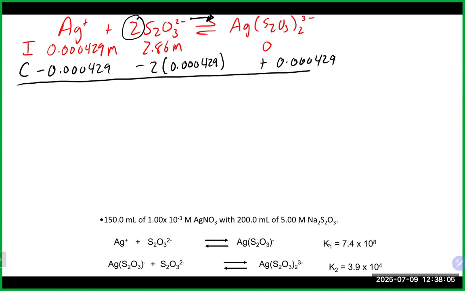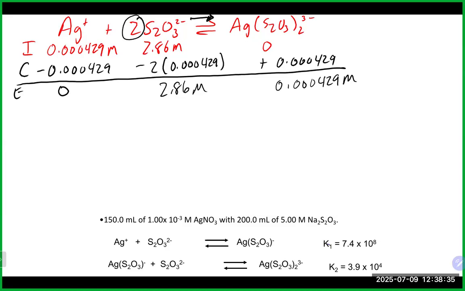That means at equilibrium all of our metal ion, which is our silver in this case, is going to be gone. That will leave us for the S2O3 essentially still 2.86, and at this point for the complex ion, 0.000429 molar. First off, any questions on the ice table here?